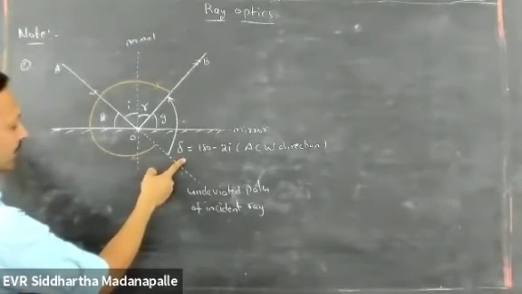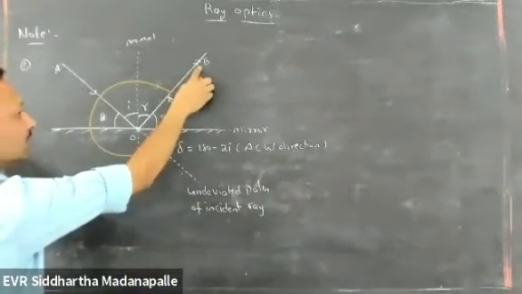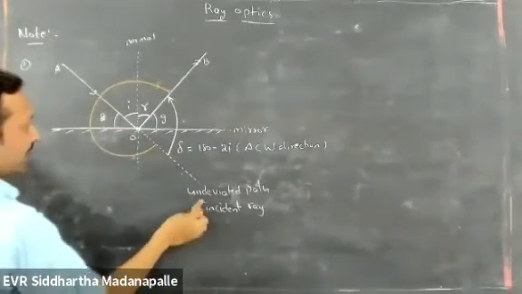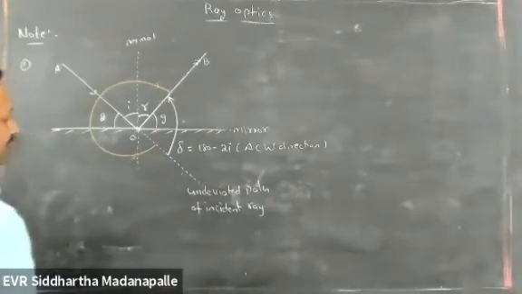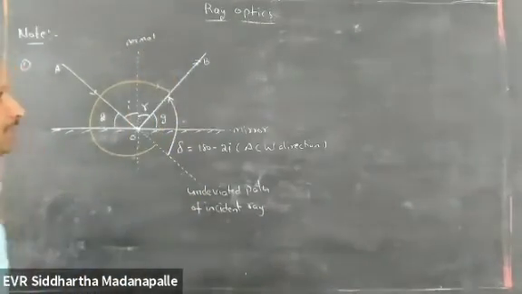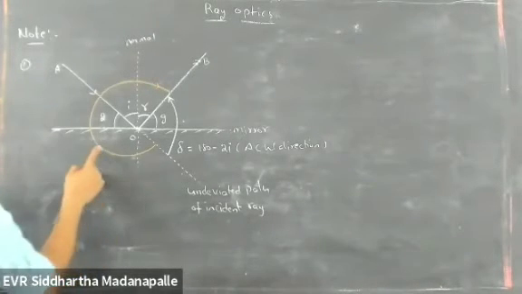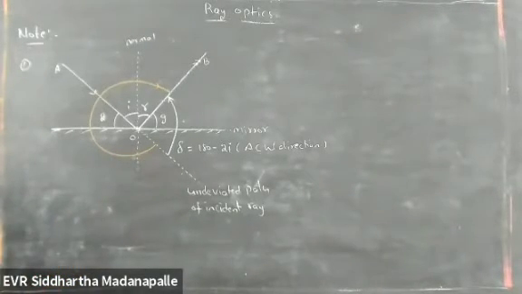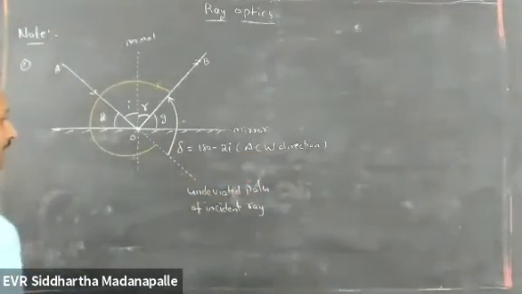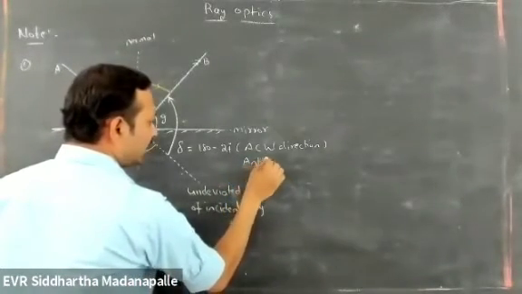It is the angle between the incident ray direction and the reflected ray direction. Undeviated and deviated. So the angle between the undeviated ray and the finally deviated ray, that is the angle of deviation. Now what is the angle of deviation in the clockwise direction? This, 180 minus 2i, is the angle of deviation in the anti-clockwise direction.